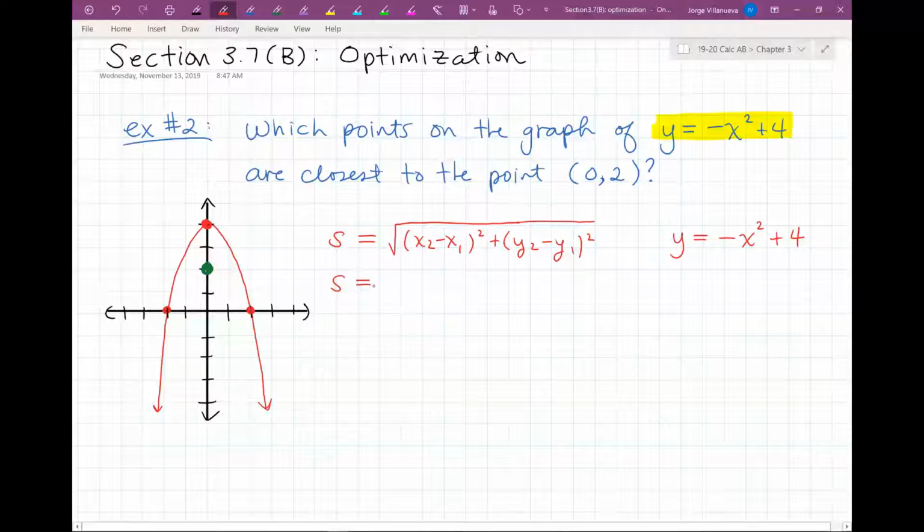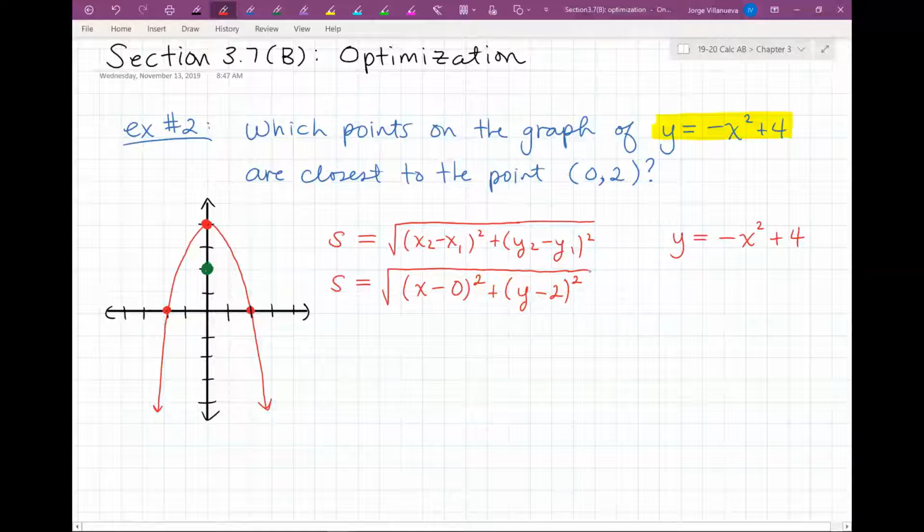S is equal to the square root of, instead of x sub 2, I'm just going to call it x minus 0 squared, because I'm plugging in a 0, so there's no reason why my x sub 1 and x sub 2 have to remain with the subscript, because there is no other x anymore. And then my y sub 2 would just become y minus 2 squared.